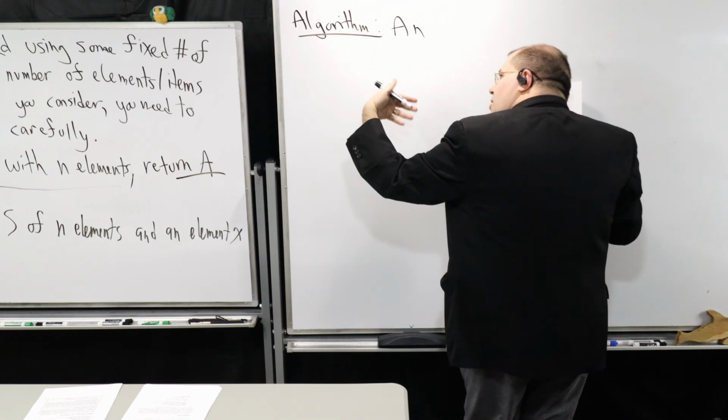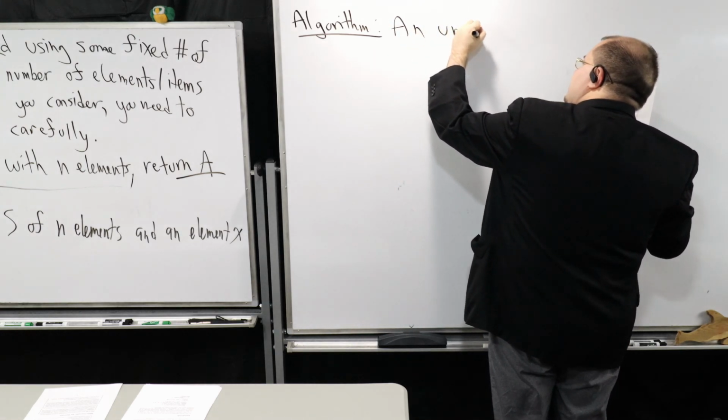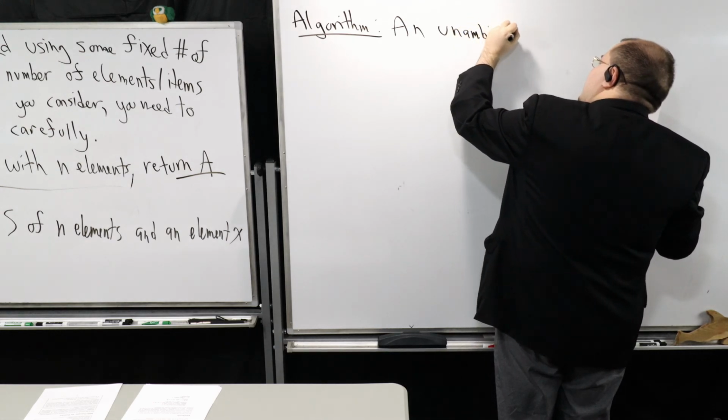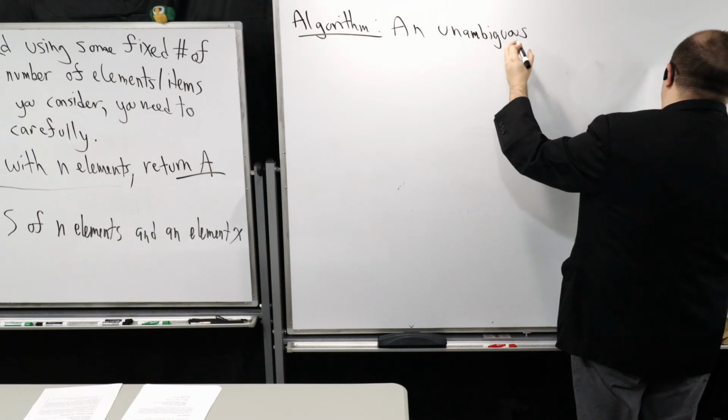So our definition of an algorithm is going to be an unambiguous, actually, I'll tell you what this means in a moment in case you're not sure what unambiguous means.